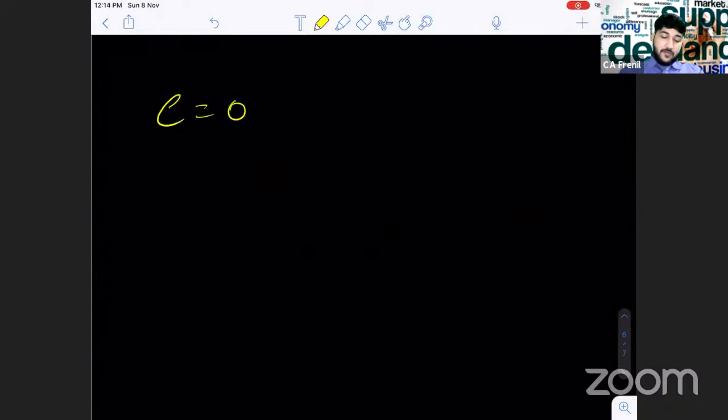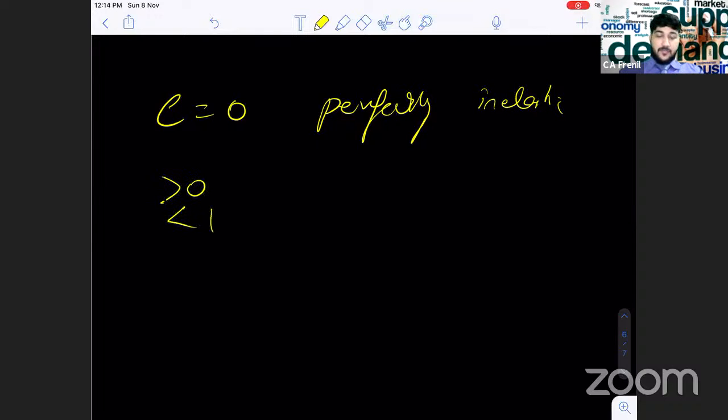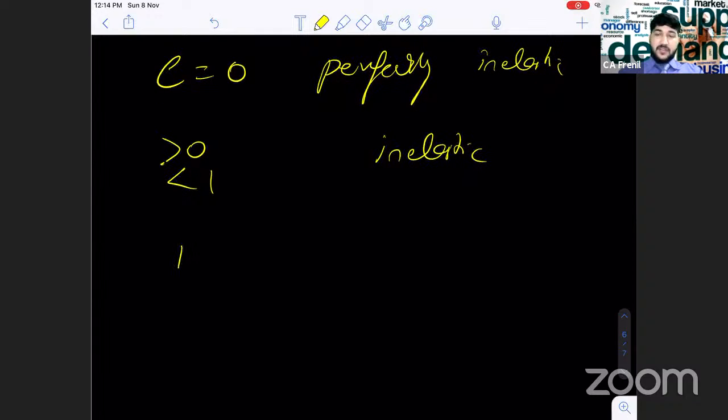When E is equal to 0, it is a perfectly inelastic situation. Correct? Then it is more than 0 but less than 1. In this situation, what happens? It is called inelastic. Correct? And then it is 1. If it is equal to 1, then it is unit elastic.